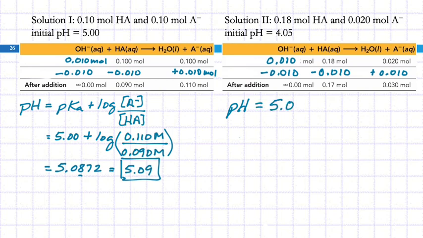This is the same weak acid, so the pKa is the same. So we've got 0.030 molar divided by 0.010 molar. No, that's not right. I was looking at the wrong box. This is 1.7.